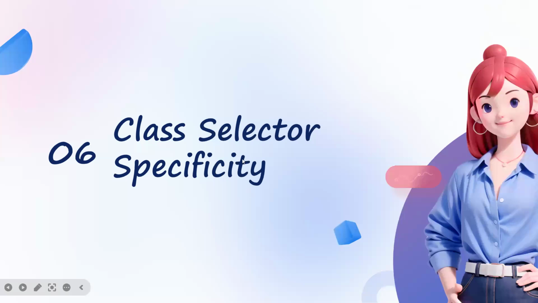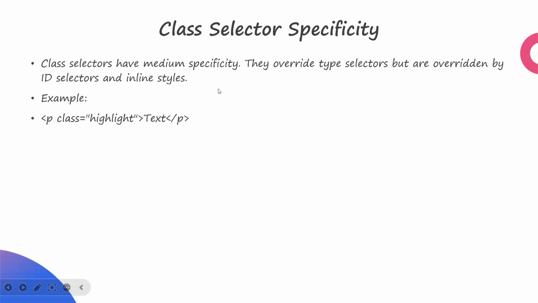So class selector specificity. Now the thing is that class selector has a moderate, medium specificity. So they override type selectors but are overridden by ID selectors and inline styles. They are more specific than type selectors. We'll talk about type selectors and other selectors in the next section.